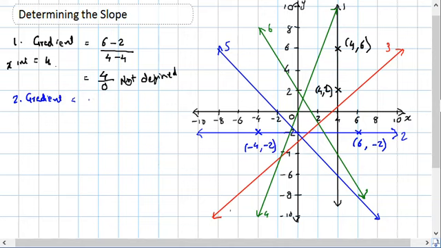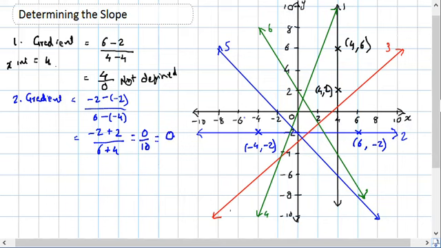So the gradient would be negative 2 minus negative 2, which are the two y coordinates, upon 6 minus negative 4. So that gives us minus 2 plus 2 upon 6 plus 4, or 0 over 10. So the gradient of this line is 0.